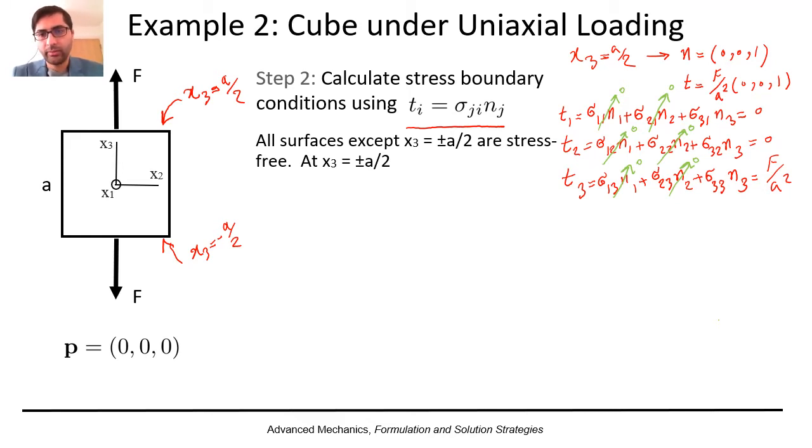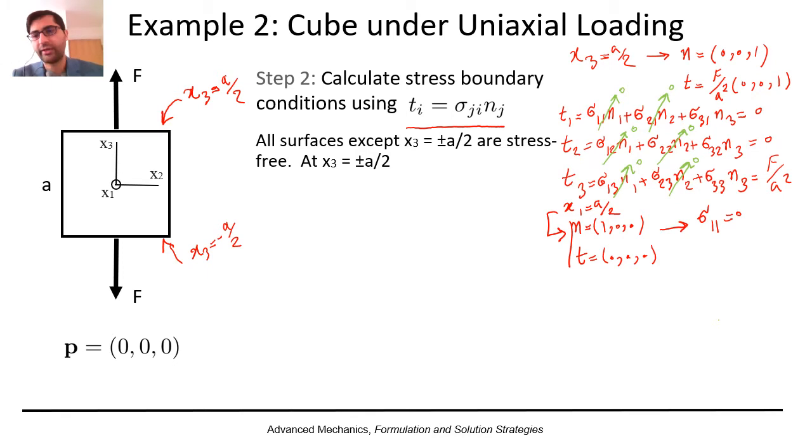And also, for boundary conditions on the other surfaces, we can find that sigma 1, 1 is 0, because, for example, for a normal vector of 1, 0, 0, when x1 is equal to a divided by 2, the traction vector is 0, 0, 0.